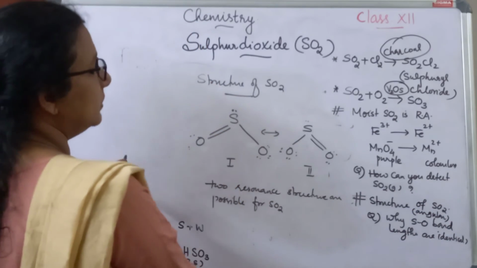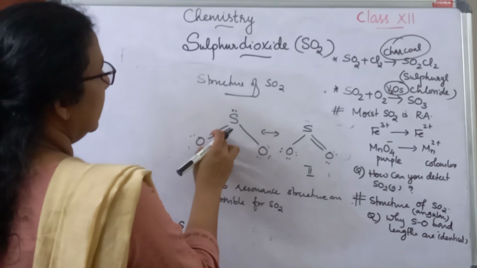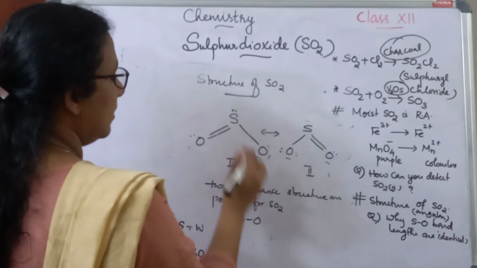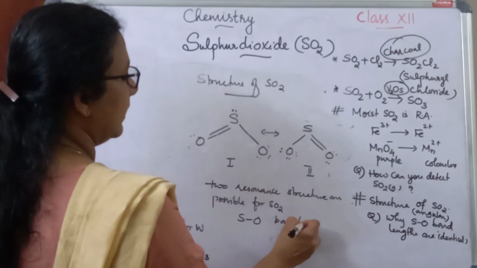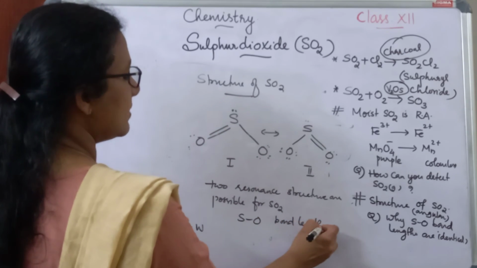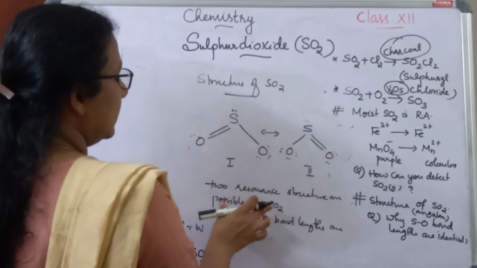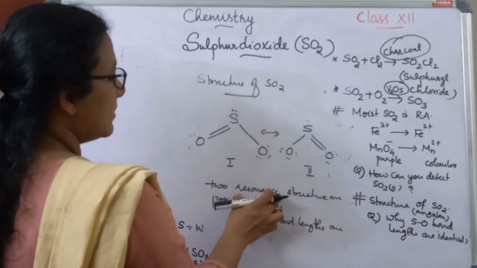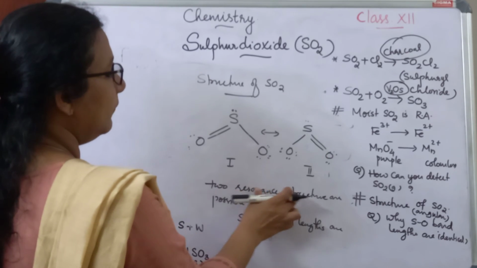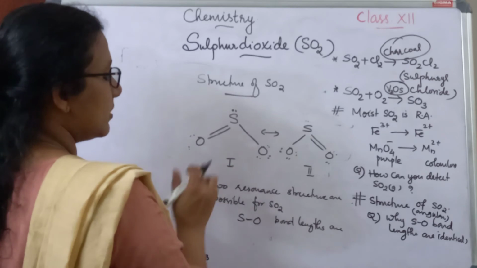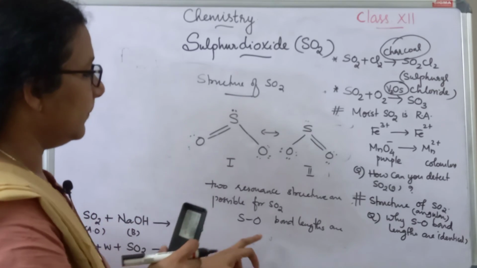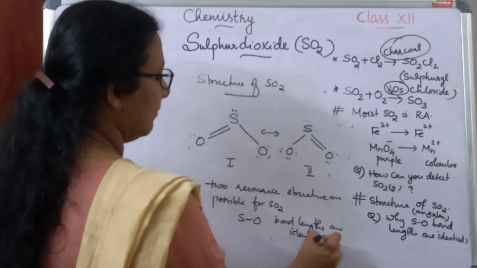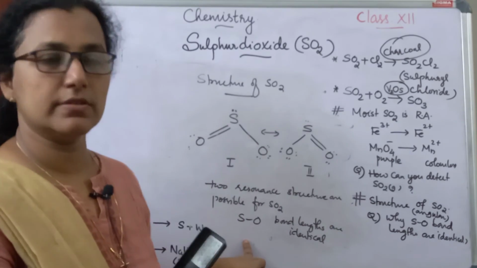Here also we can say the SO bond lengths are identical. Why are the SO bond lengths identical? Because SO2 is actually a hybrid of two resonance structures. Resonance structures are possible for SO2, so the bond lengths are identical in SO2 also.